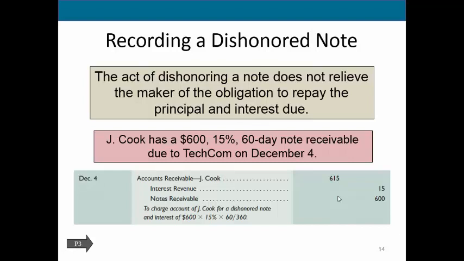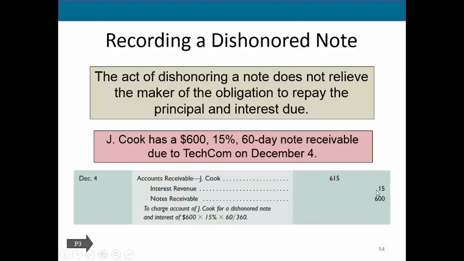What happens if we had issued a note and we find out that we're not going to get the note paid back to us? We need to go ahead and show that as follows. So originally we had a note receivable, but we're not getting paid back when we should. So what we do is we transfer that to an account receivable. You can see here we book an account receivable by debiting this asset account. We show that we earned revenue.